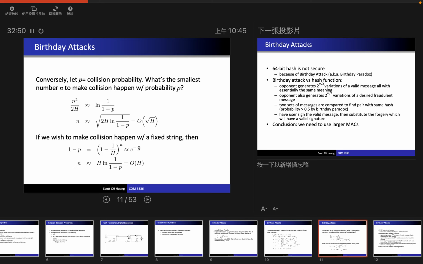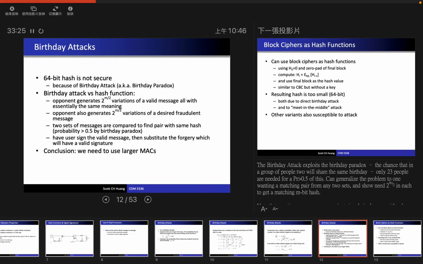Roughly speaking, let's see if we want to achieve the same level of security. For the weak case, suppose we need some hash length. For the stronger case, if we want to achieve the same level of security, that length has to be doubled to counterbalance the square root. That's the idea.